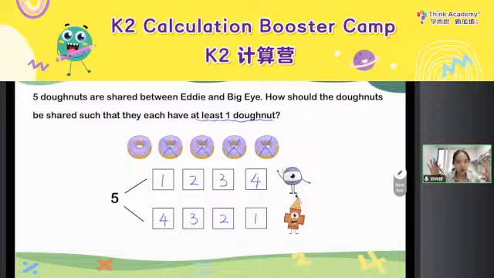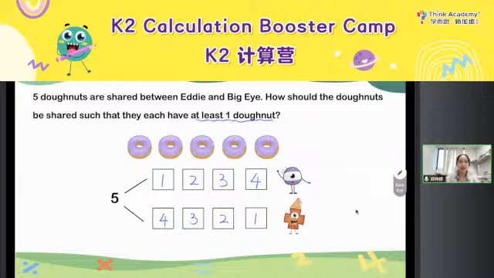So we can't do that. And now you can see that this is how we can break the 5 into 2 parts. So for 5, it can be split into 1 and 4. 5 can also be split into 2 and 3, right? So these are the parts for 5.